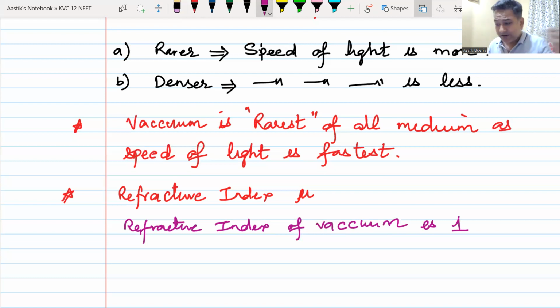Now, if the refractive index of vacuum is 1, how do you find the refractive index of any medium with respect to vacuum? So this is how you write it. Mu is refractive index.